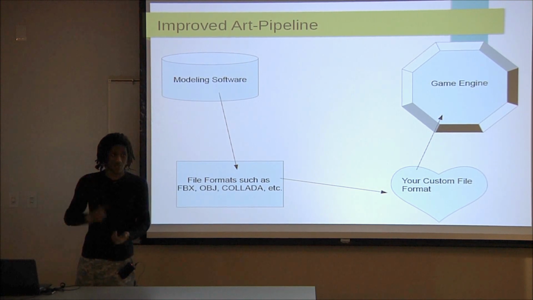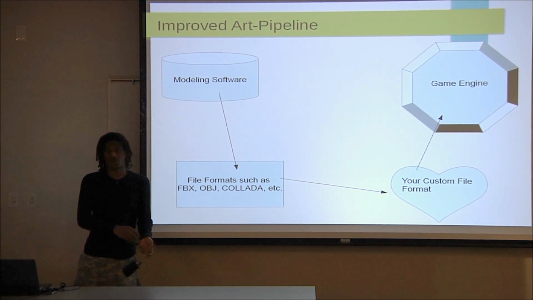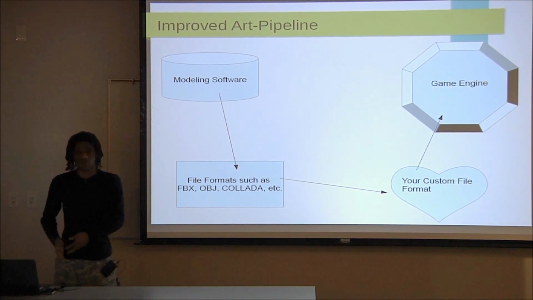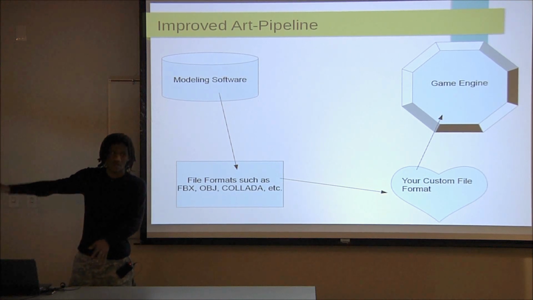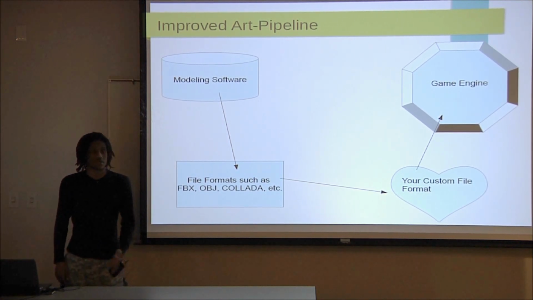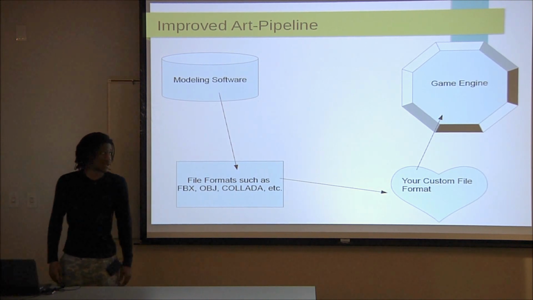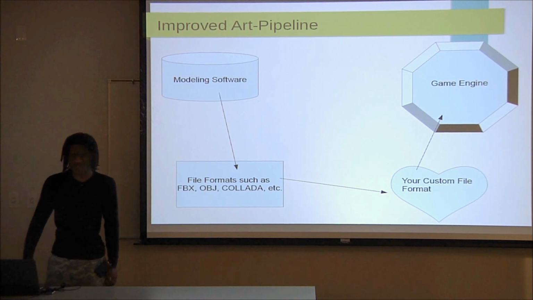It loads into your engine one time, you know it works, it's tested, everything like that. If someone wants to add support for a new file format, you simply convert it to yours, and then nothing else changes in the engine. You can do an offline converter, so there's no dependencies involved with that. It's a really simple concept. It saves time.